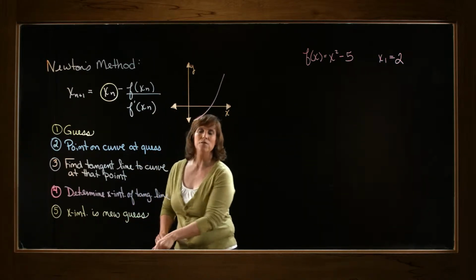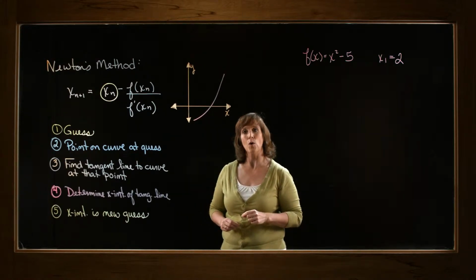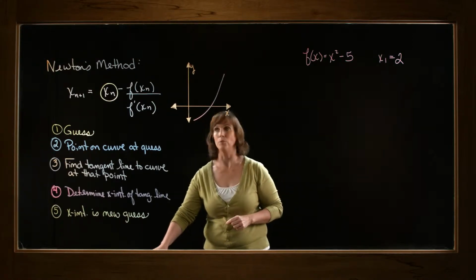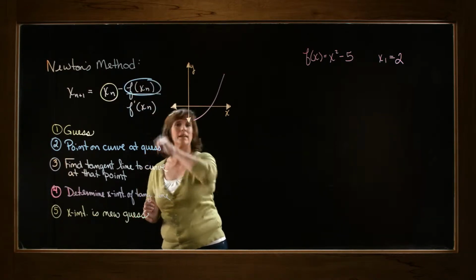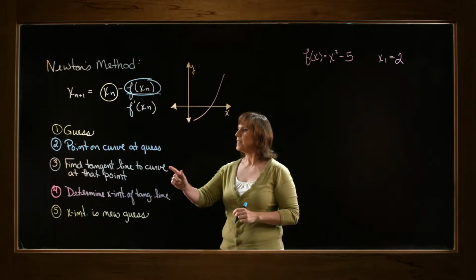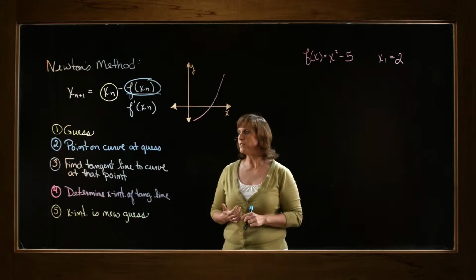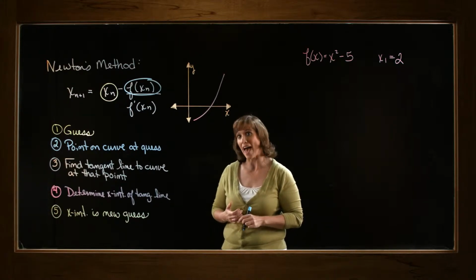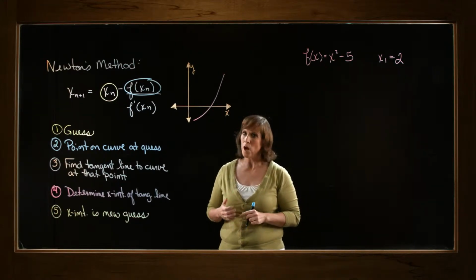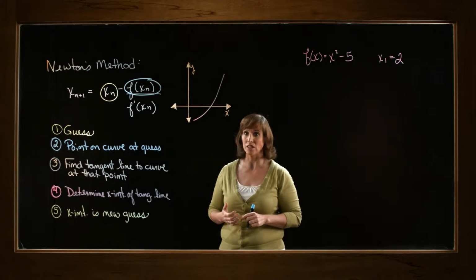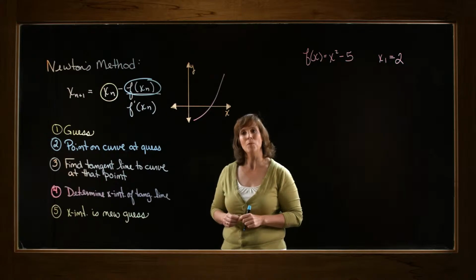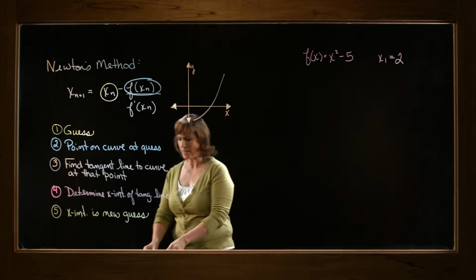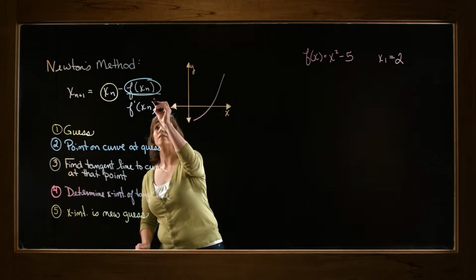Then we need to find the point on the curve that corresponds to that input. That's where the f of x sub n comes in. The next thing is we want to find the tangent line to the curve at that point. When looking for the equation of a tangent line, we need one point, which we already have, and the slope of the tangent line. The slope of the tangent line is the derivative.